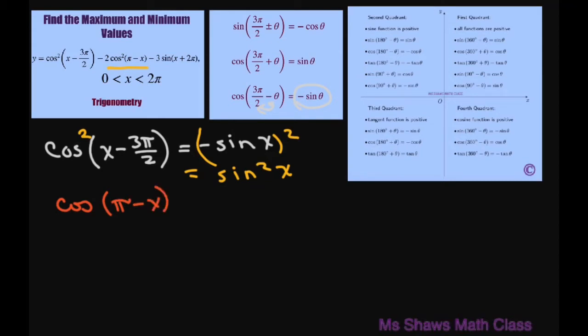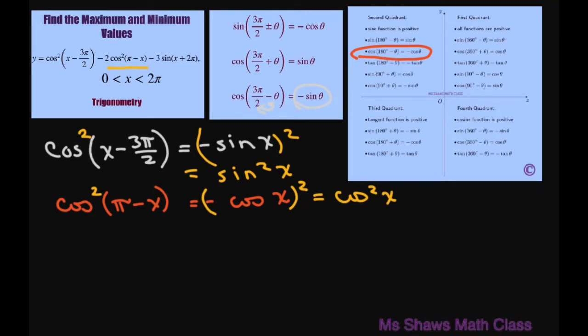So that's 180 minus x, and that's going to give you negative cosine. And it's cosine, so it's right here. So that's going to equal negative cosine of x. Since it's squared, if you square both sides, that's going to give you cosine squared of x.